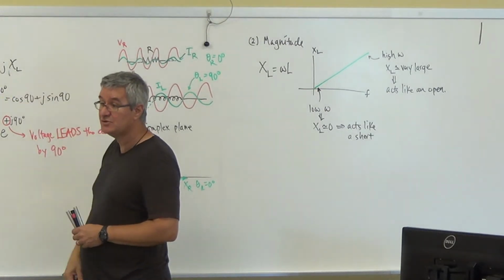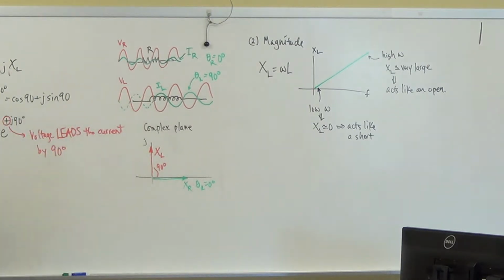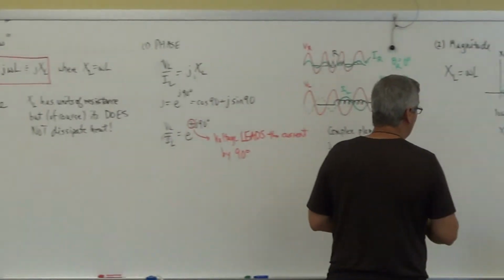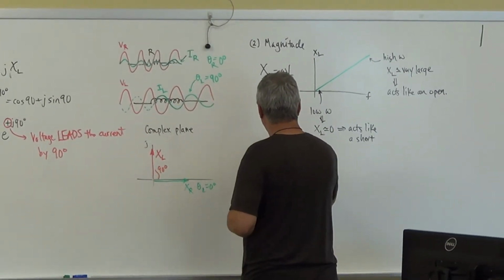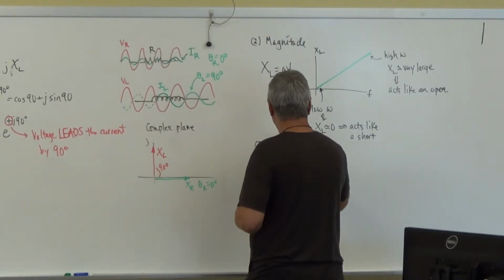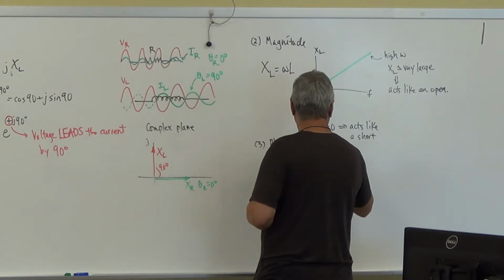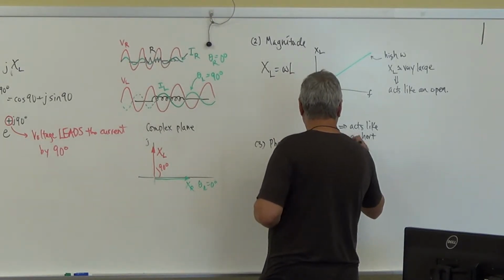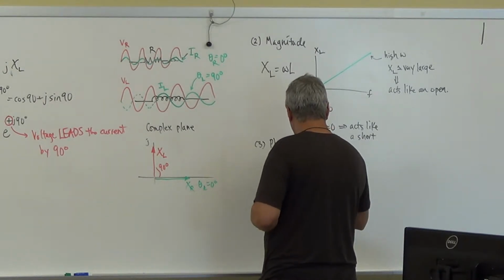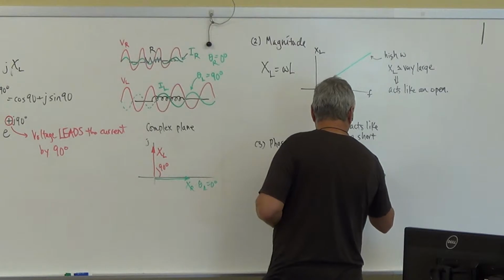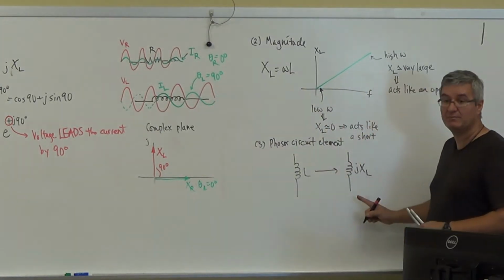So a phasor circuit that now looks like this, I would literally draw like this. Now my phasor circuit is that every time I see an inductor, I convert it into this, and I start solving problems like this.